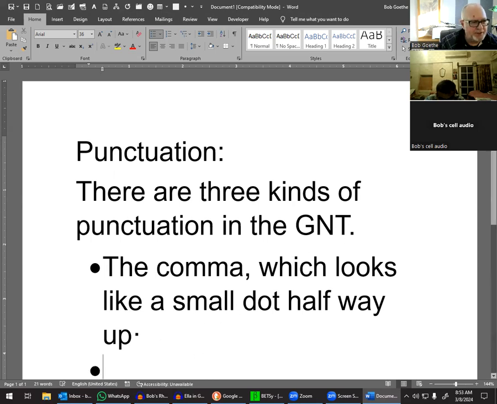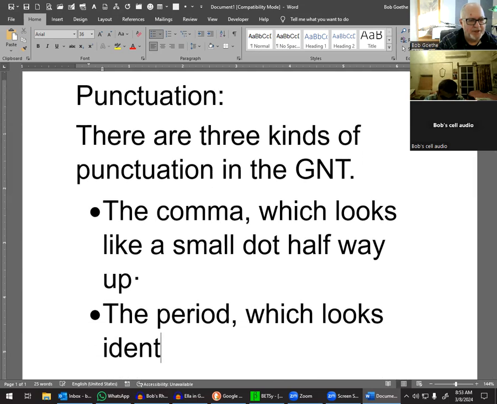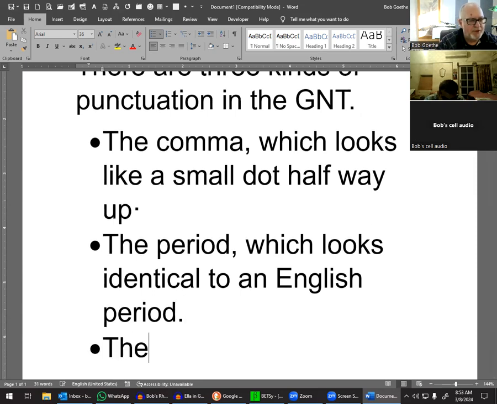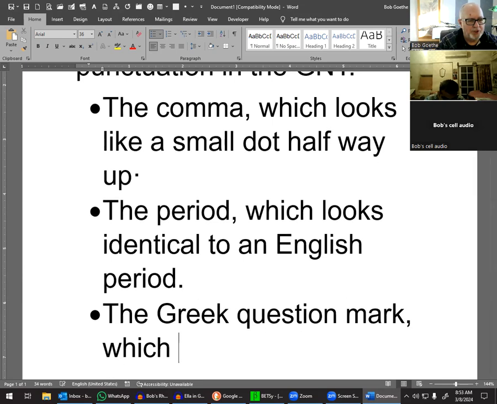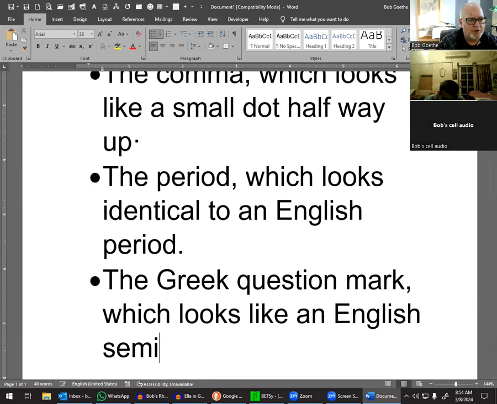The next thing, the period, which looks identical to an English period. And then we have the Greek question mark, which looks like an English semicolon.